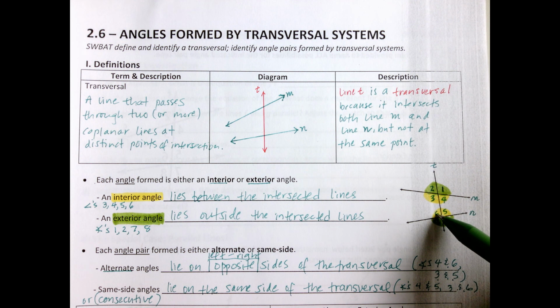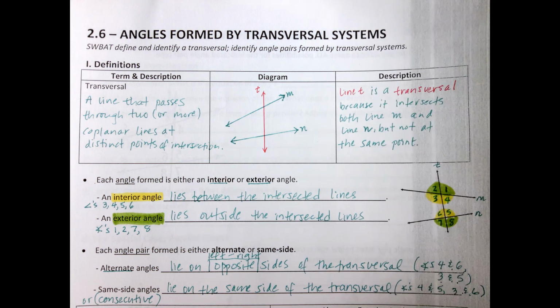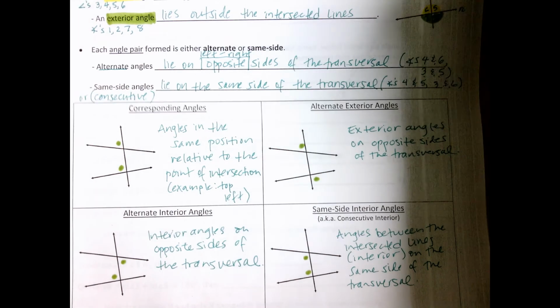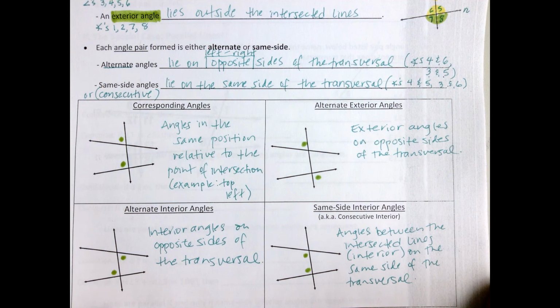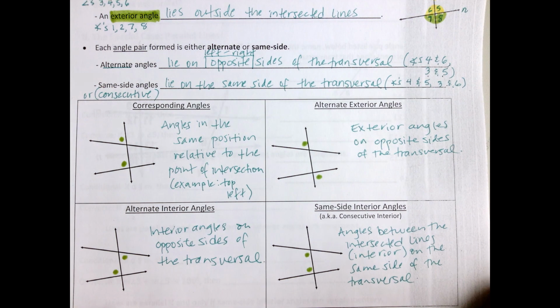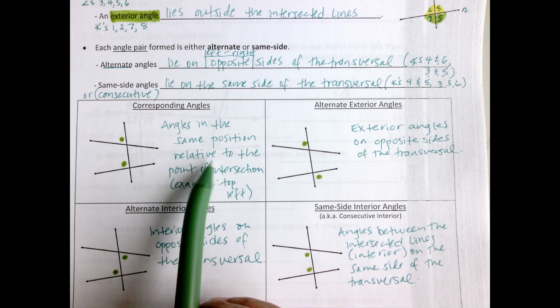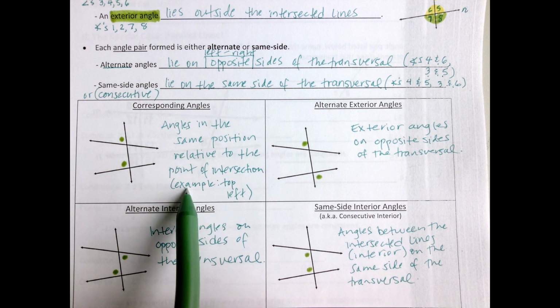consecutive interior angles. Okay, so just to recap that and to add some new angle pairs, let's go down here. Of course, you're going to take these notes. Corresponding angles are angles in the same position relative to the point of intersection.